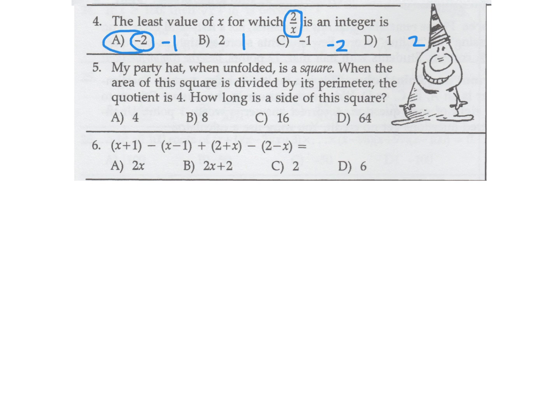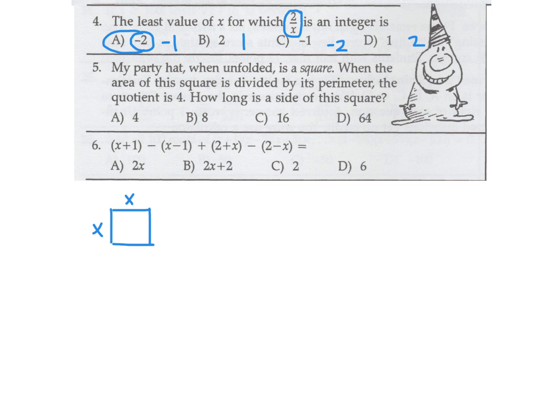When a party hat, when unfolded, is a square, when the area of the square is divided by the perimeter, the quotient is 4. How long is a side of the square? Okay. So here's a square. Let's just call x the side length.